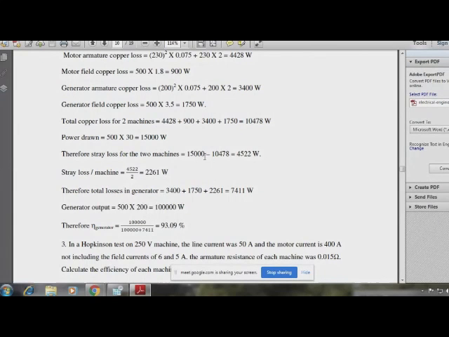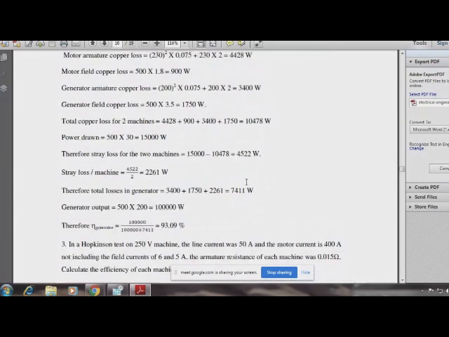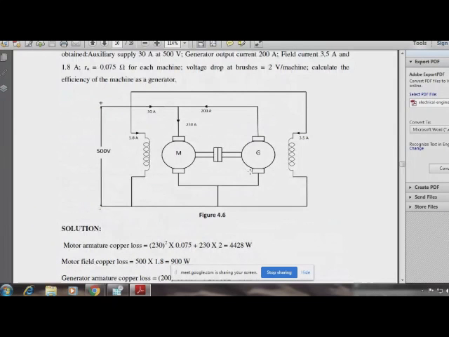Hello? Yeah. And this we are going to add to the total losses in the generator. Therefore, 3,400 is the armature copper loss plus 1,750 is the field copper loss plus 2,261 is the stray loss. All put together will be the total losses in the generator. Then generator output is 500 into 200 because the voltage is 500 and 200 is the current supplied by generator.